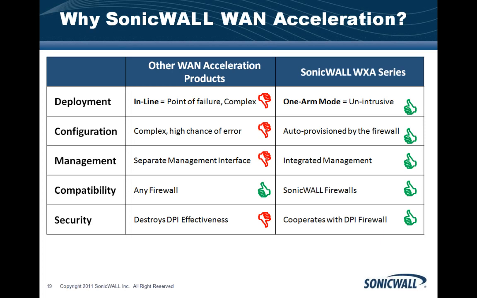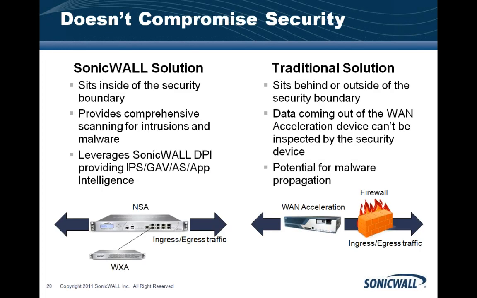Whereas if you look at what some of the other vendors do, you have to decide, do you want to put the WAN acceleration device inside the network, or outside? There are some potential issues with doing either one. In our case, because we are an out-of-band device, as traffic is traversing through one of our NSA appliances, the traffic would get scanned through our DPI engine before it was sent down to WXA.